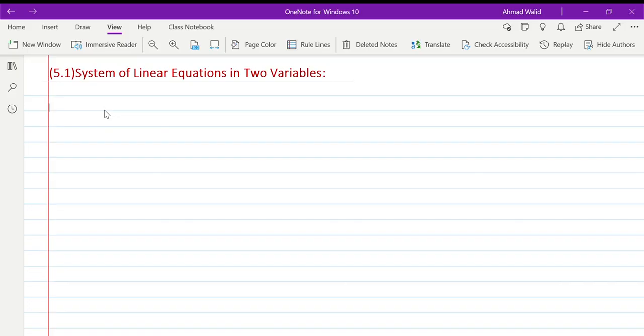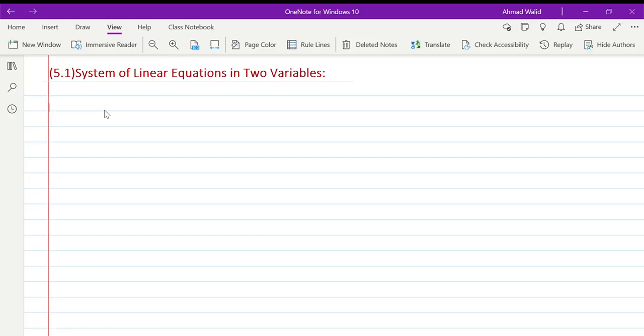Those of you who had a beginner algebra class or intermediate algebra class already know what a system of linear equations is. But for those of you who just came to this college algebra class, or had an algebra class a long time ago and don't remember what a system of linear equations is, let's do a review here.